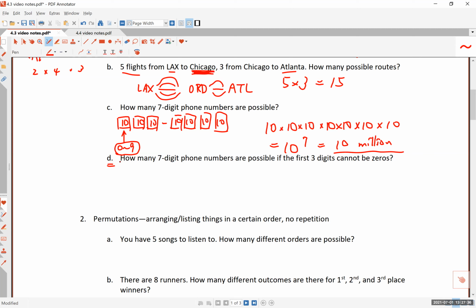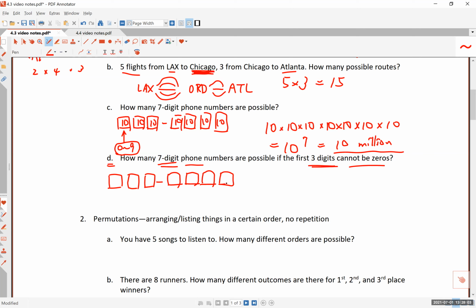Now here's an interesting one, and that's why I'm not teaching you how to use formulas, because sometimes the formulas cannot address various different possibilities or variations. What happens if you are still talking about 7-digit phone numbers, but the first 3 digits can't be 0? By the way, I recommend that you draw a picture like this, just so that you can visualize what's going on with your question.